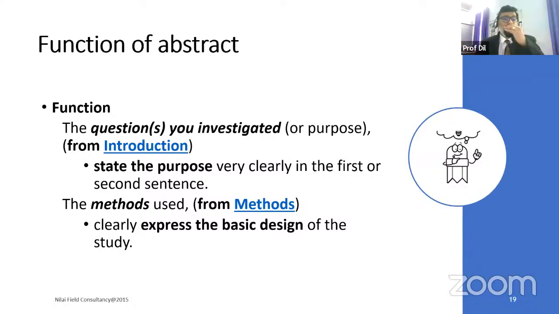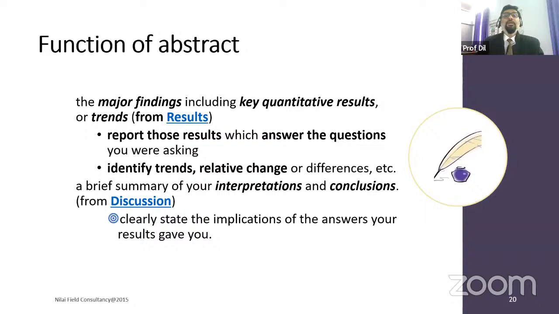So the most important aspect, look at the function of the abstract. You are trying to fix certain aspects. Don't write more than a maximum of 200 words. Don't write more than that. All right. So key quantitative results. What is the purpose of this research? What kind of method and analysis you have followed, and what kind of results you have obtained.